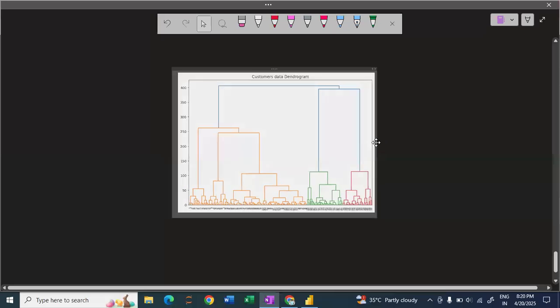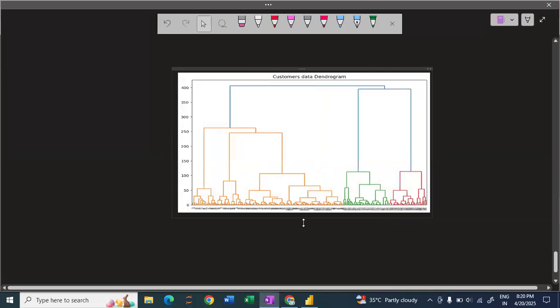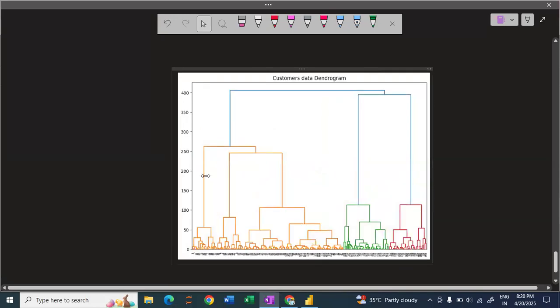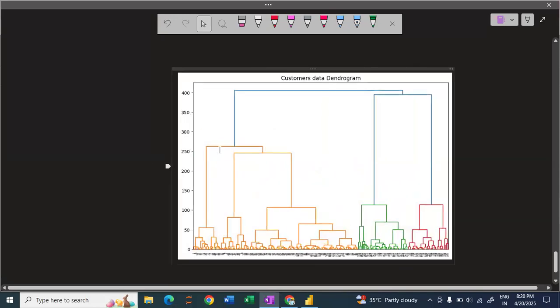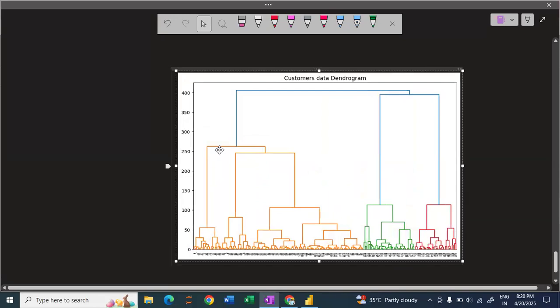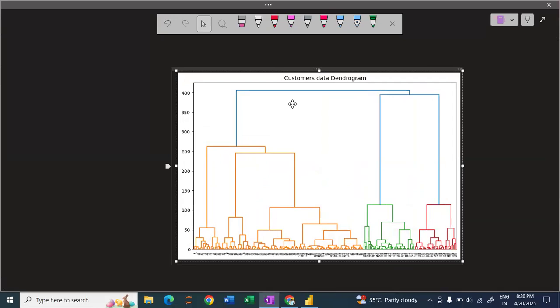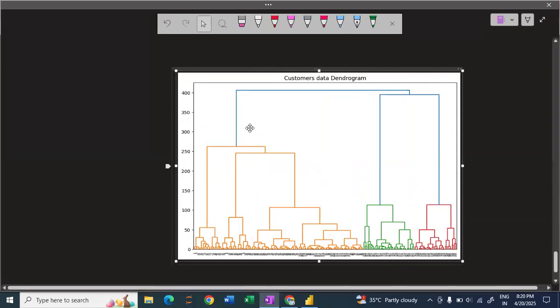But these color codes are based on the type of structure, cluster. Yes, it takes them automatically. Different colors mean different clusters. See, the orange one is one whole cluster. It started from this data point to this data point. Let me explain this.